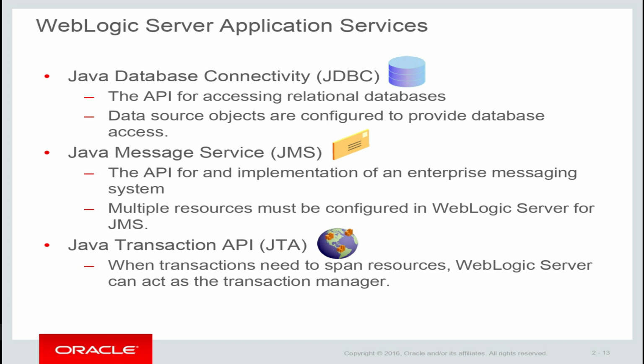Java developers use it to communicate with other applications and other components in their applications. Java Transaction API is again a feature or component of Java Enterprise Edition. It is also used in the application.